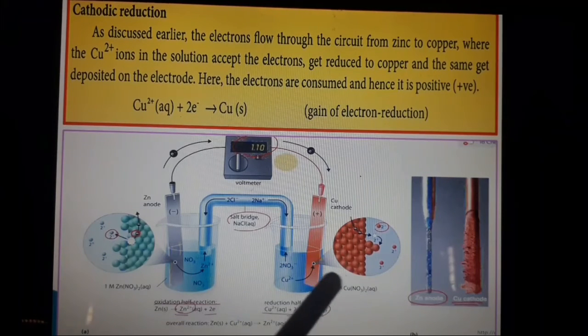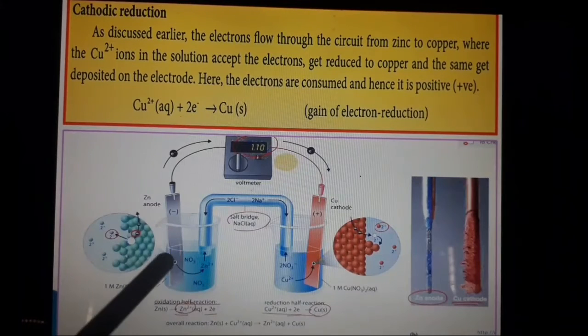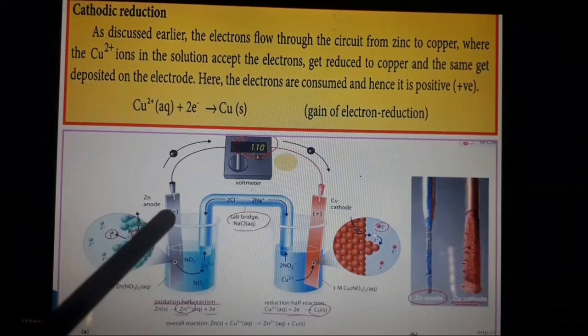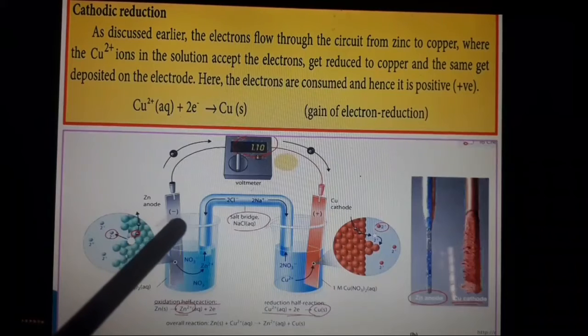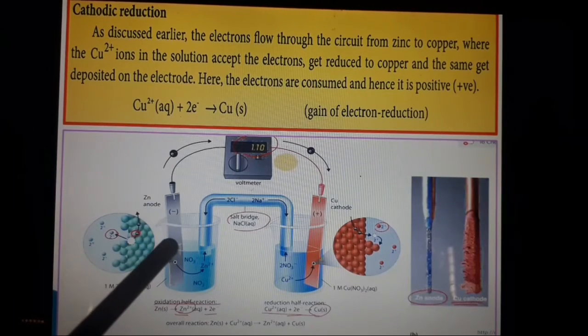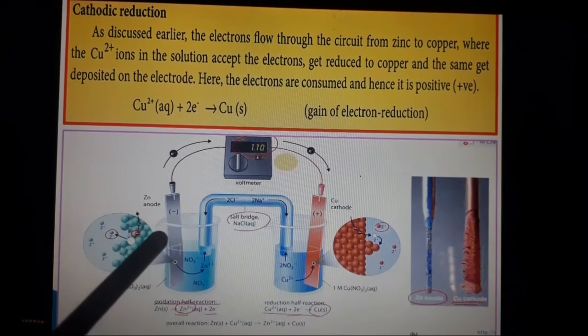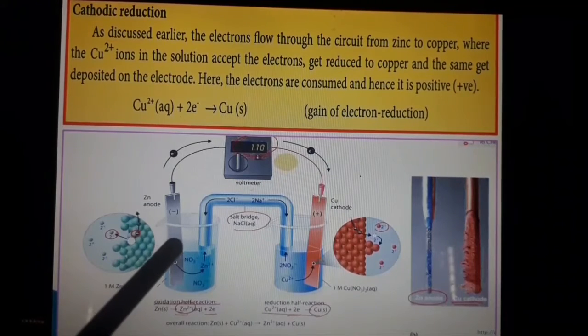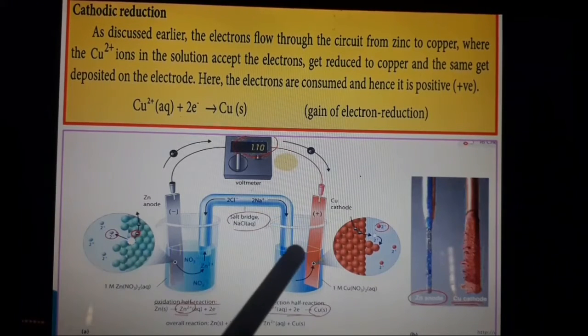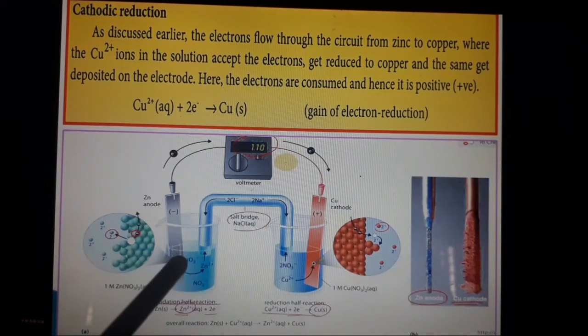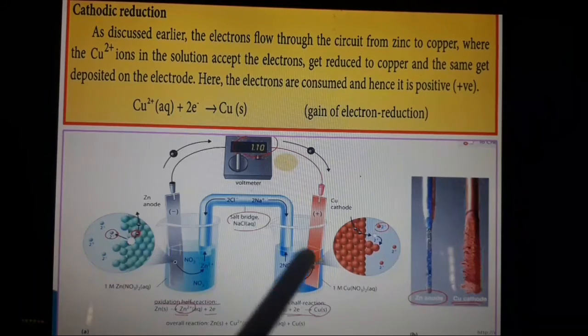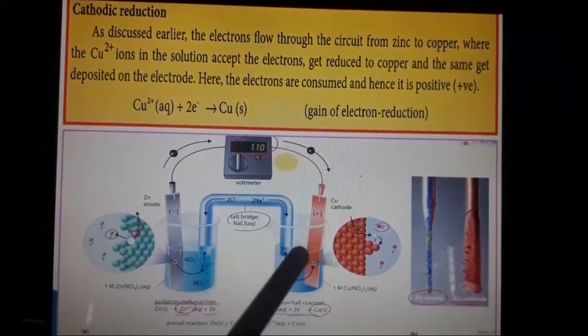Now in this cell, one electrode is lost, one electrode is gaining. The zinc strip is reducing in size and the copper electrode is increasing in size.